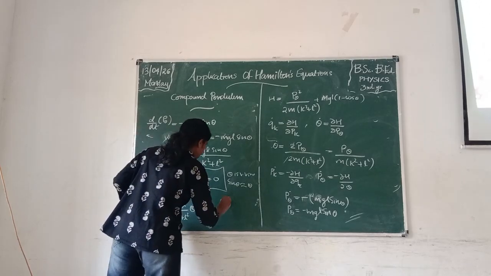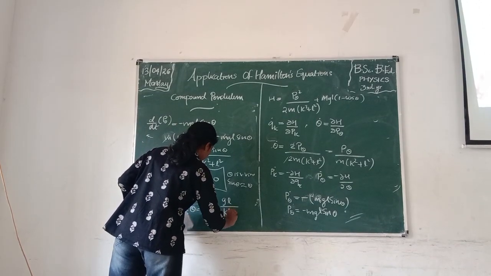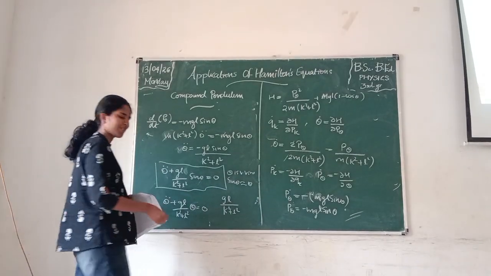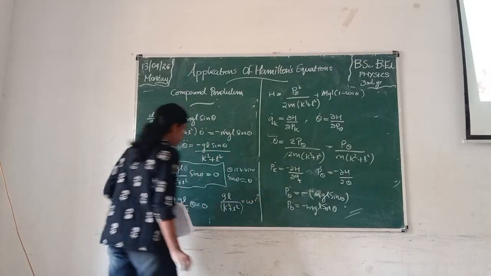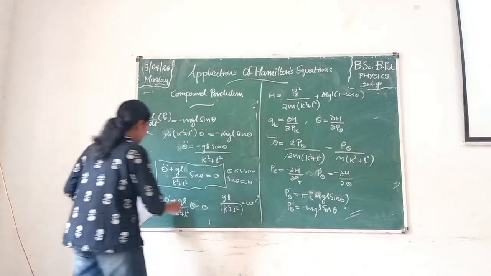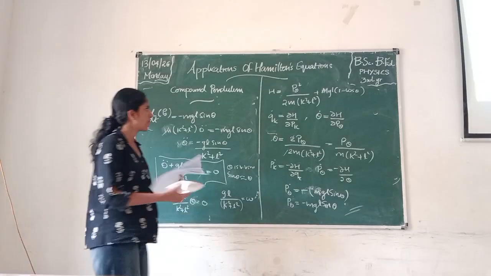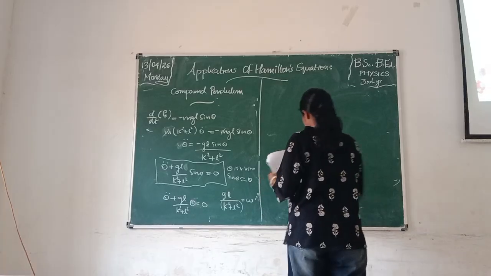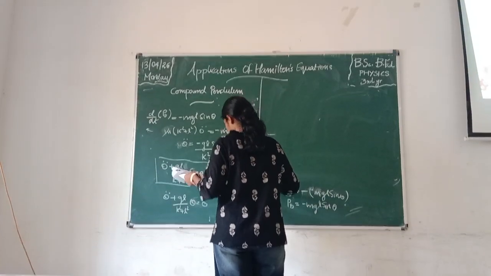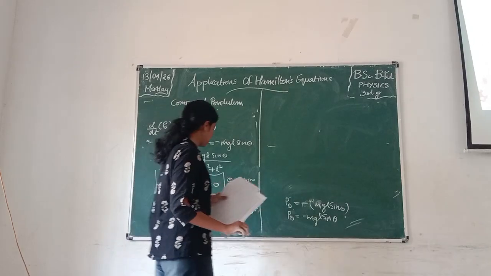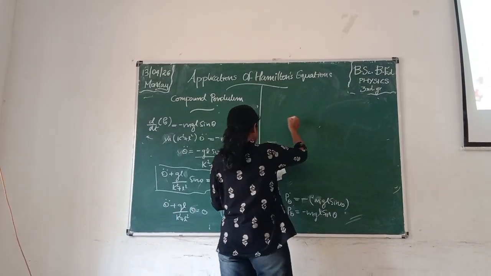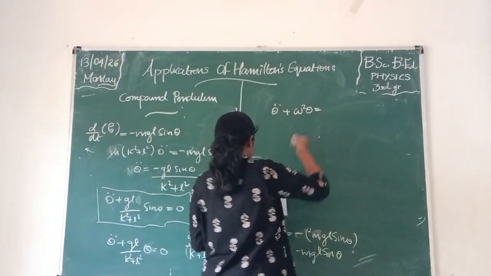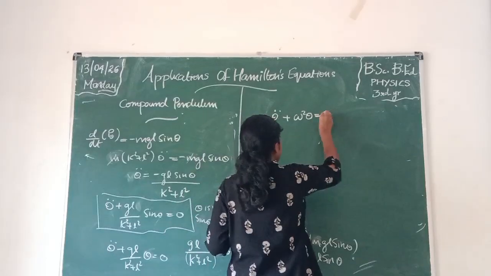And here, what is g l by k square plus l square? Here, g l by k square plus l square is omega square. So we are substituting here: omega square is g l by k square plus l square. So theta double dot plus omega square theta is equal to 0.